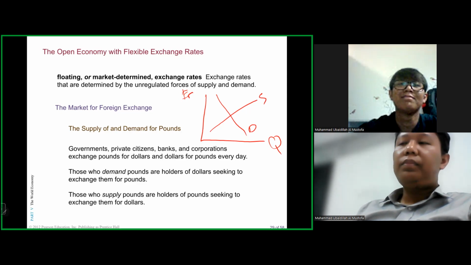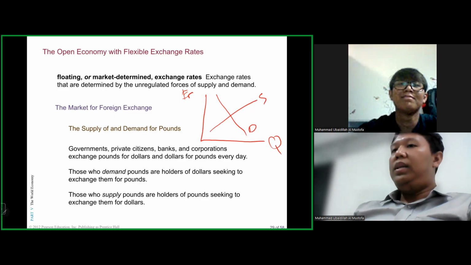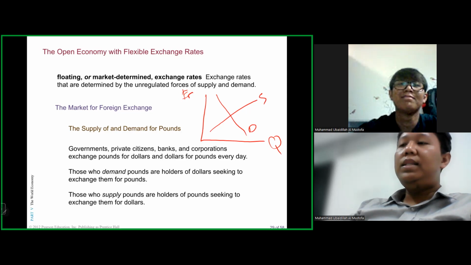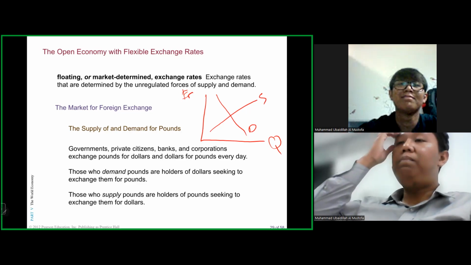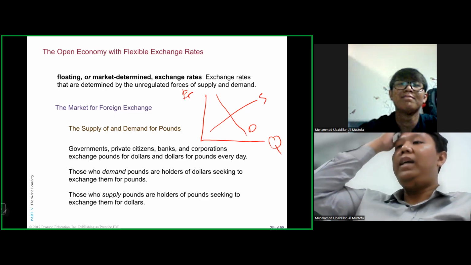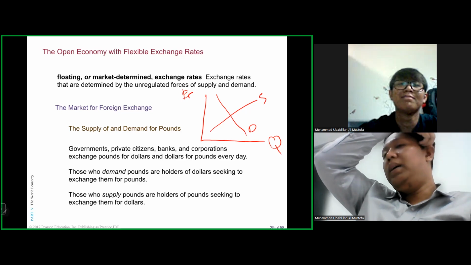Okay, so this is a statement that those who demand pounds are holders of dollars seeking to exchange them for pounds. And those who supply pounds are holders of pounds seeking to exchange them for dollars.